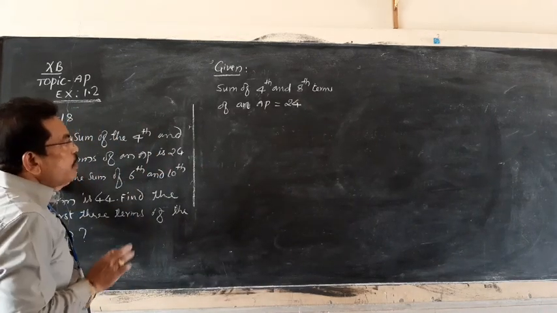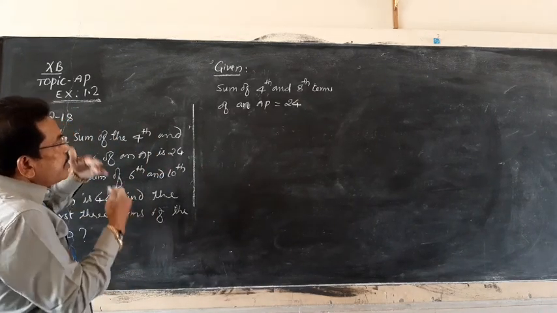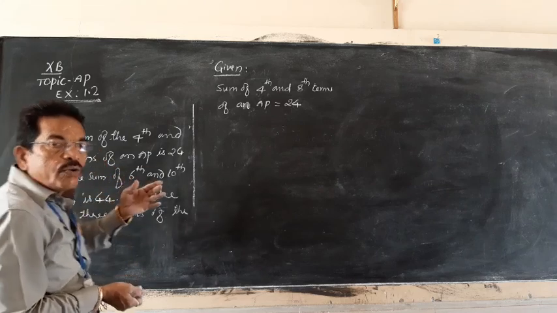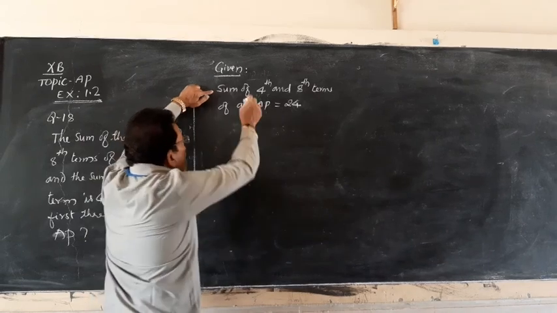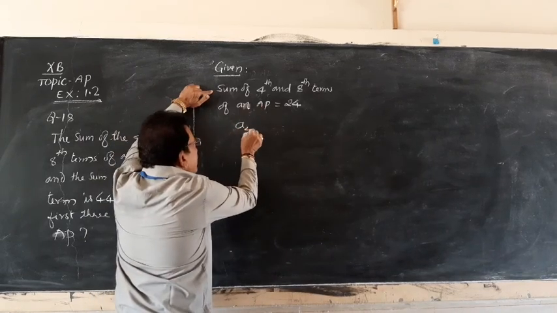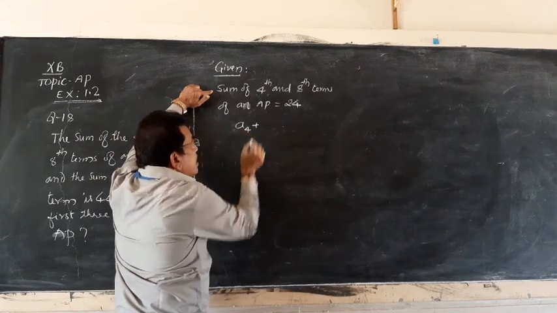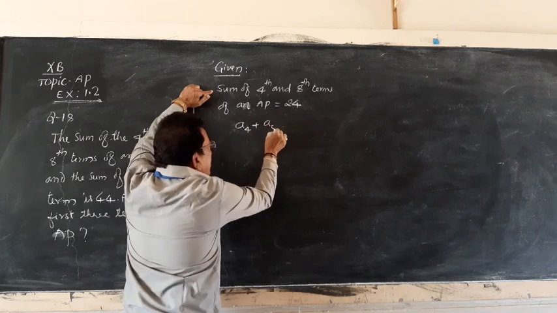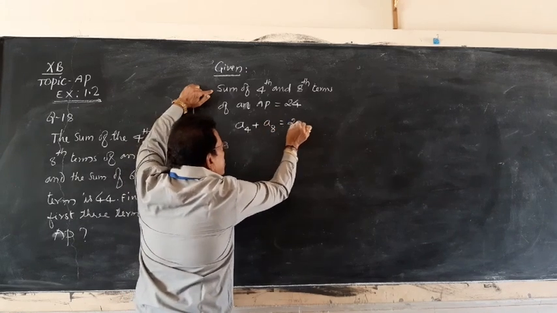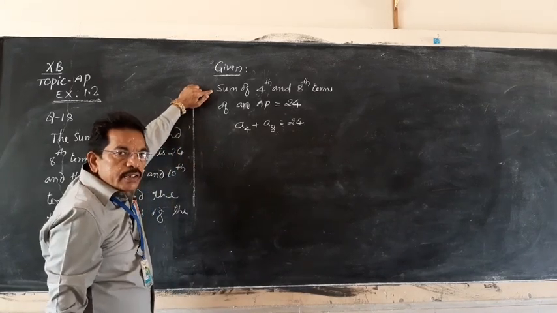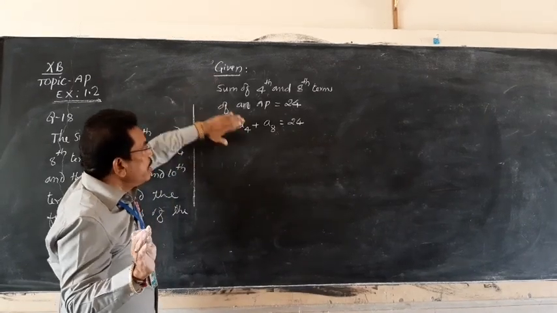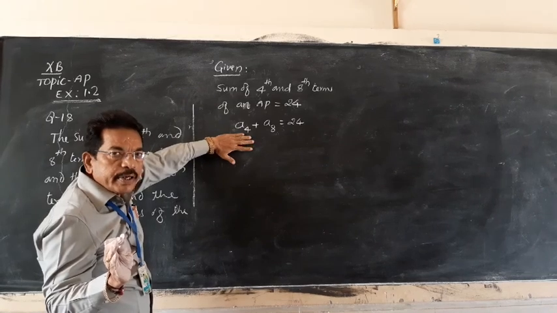Okay, this one is the verbal statement. Let us convert it into a mathematical statement. Sum of the fourth, that means A4, plus eighth, A8, equals 24. See, that verbal statement is converted into a mathematical statement.